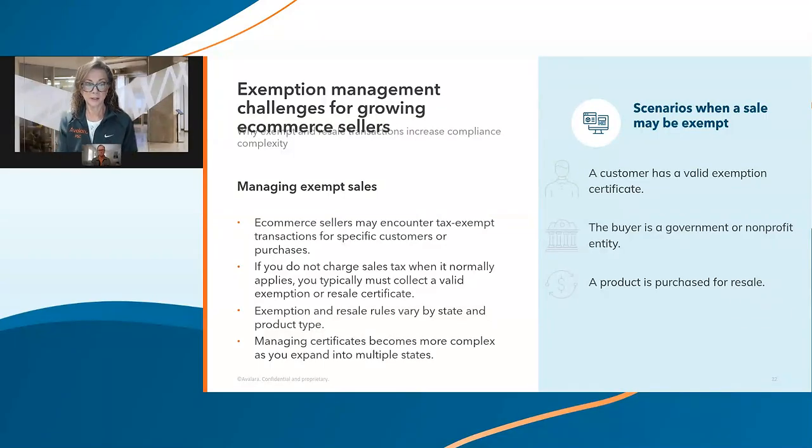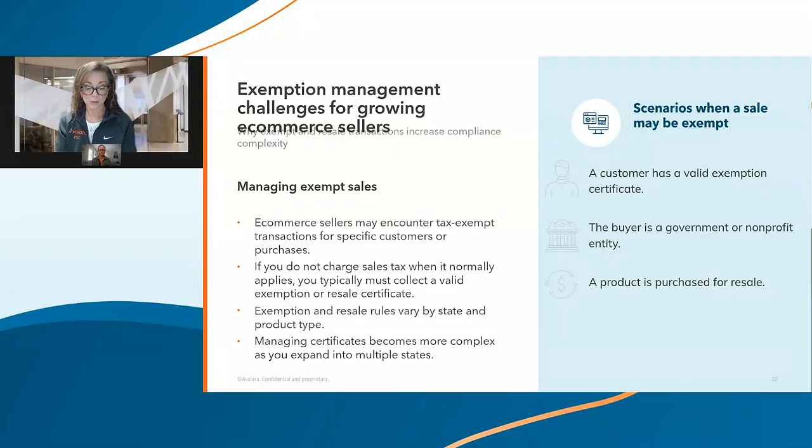So exempt sales: who are you selling to? Are they tax exempt? How are you collecting documentation? In a lot of platforms, you can check a box and mark somebody as tax exempt, but do you have the documentation so that 4 years from now, you don't have to say, hey, what did I do with that one piece of paper? Because I need to find it now.